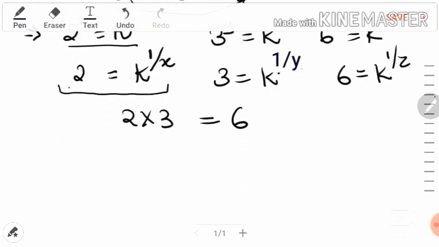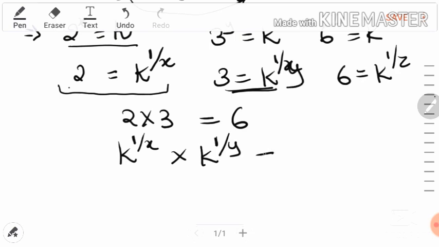So substituting 2 as k to the power 1 over x, into substituting for 3 from here, k to the power 1 over y, equal to substituting for 6 from here, k to the power 1 over z.